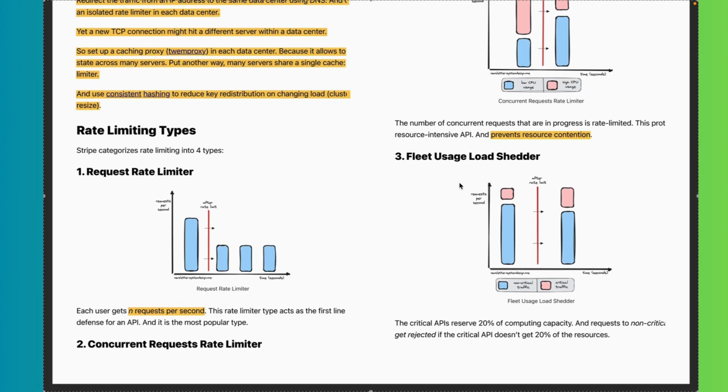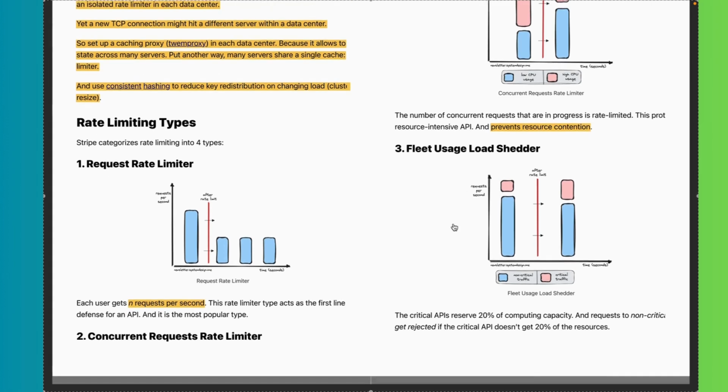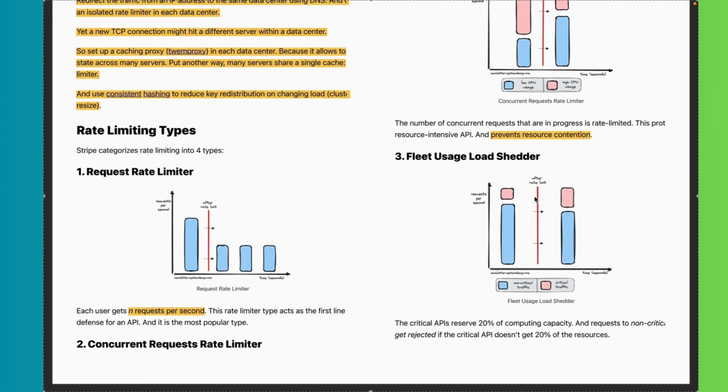For the fleet usage load shedder, see here, before the rate limiter, non-critical traffic was covering, let's say, 90%, and only 10% was given to essential traffic. After the rate limiter, you can define that 20% has to be given to critical traffic, and the rest can go to non-critical traffic.